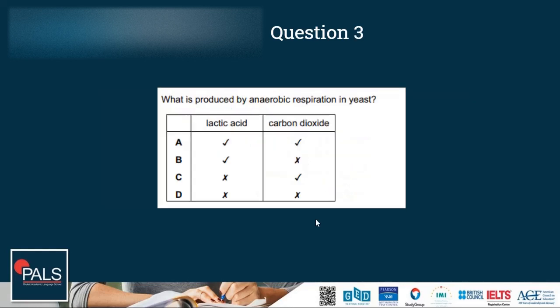Okay, question 3. What is produced by anaerobic respiration in yeast? Lactic acid, carbon dioxide. I give you some seconds to think.